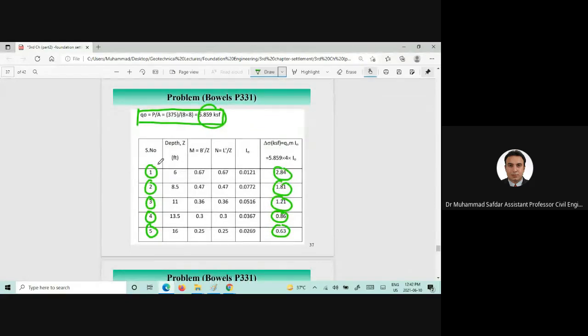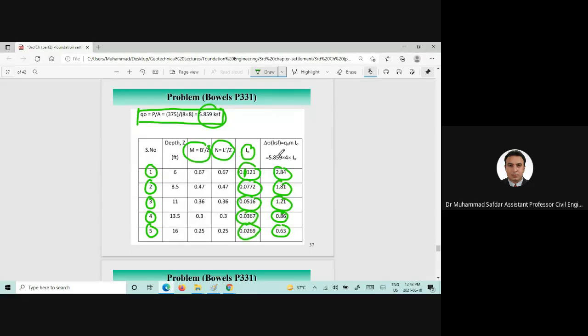We will find out the M, and we will find out the N there, and once we get the M and N from that figure, we will come up with the I sigma. This is the I sigma, which is equal to 0.121. Then again you will find out the I sigma.